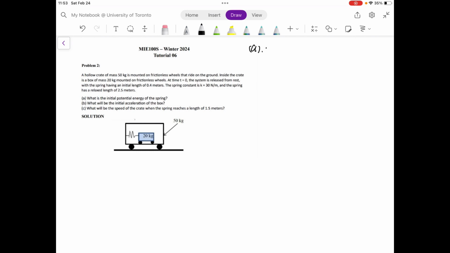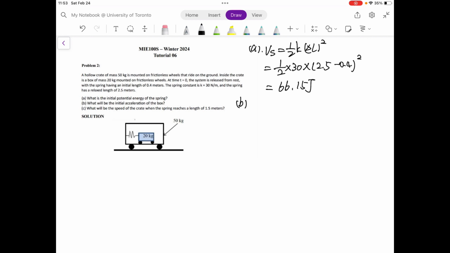It will be Vs is equal to 1 over 2 k delta L squared, equal to 1 over 2 times 30 times (2.5 minus 0.4) squared, which is equal to 66.15 joules.